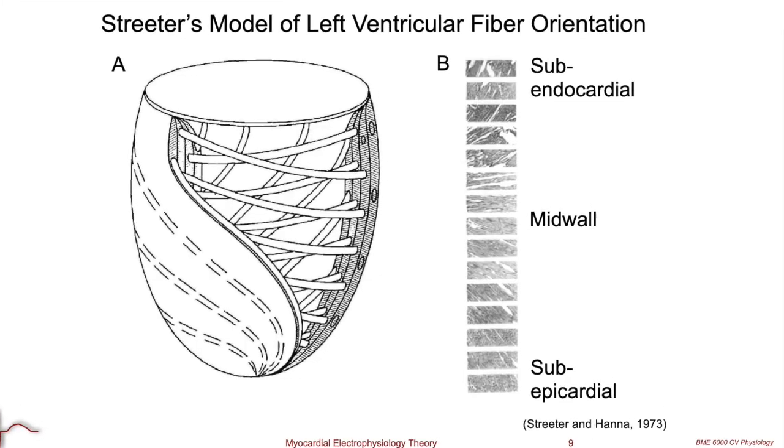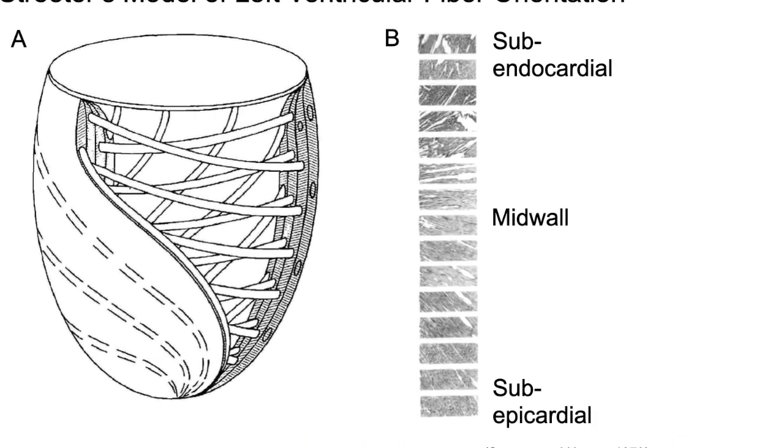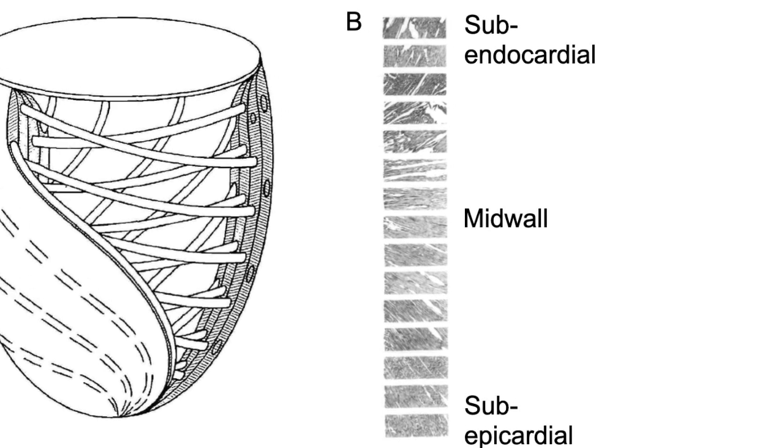If we step up another level of scale, here you see a famous image from a paper that most of us have all read and studied in this field. It's a paper that describes the structure of the myocardial tissue as we move across the wall.